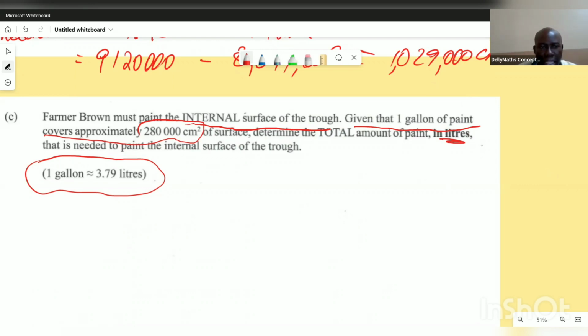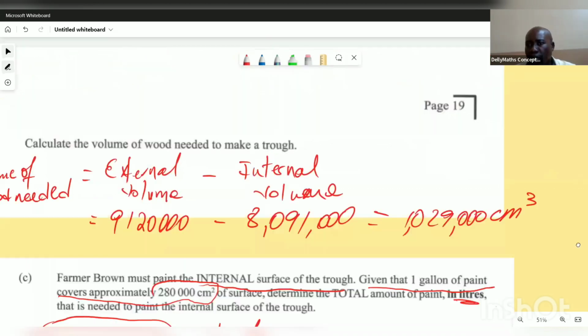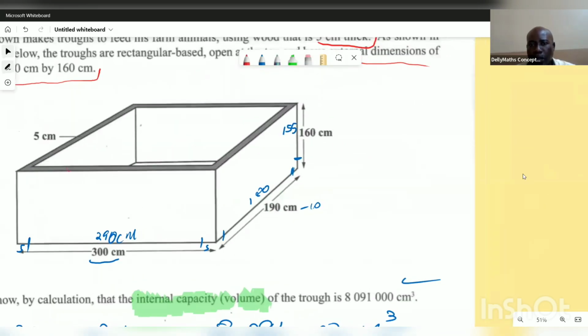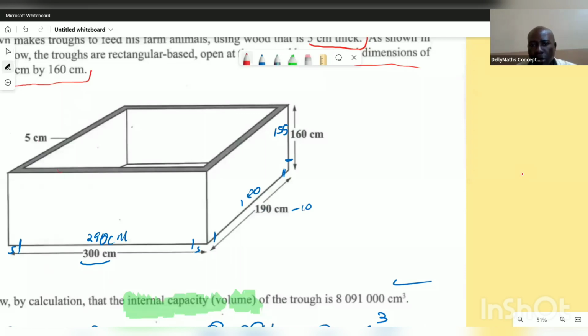We definitely need the internal surface to be painted, right? So in looking at this, the internal surface, we could probably just work it right here, beside the diagram.